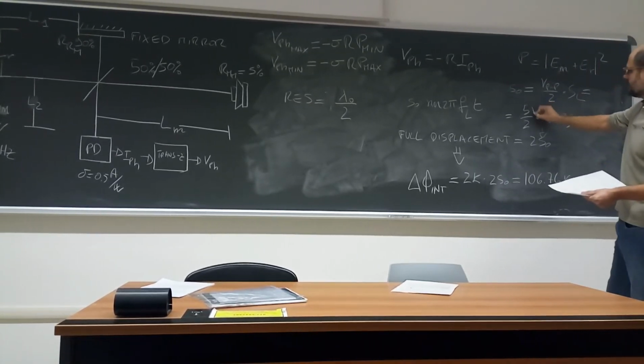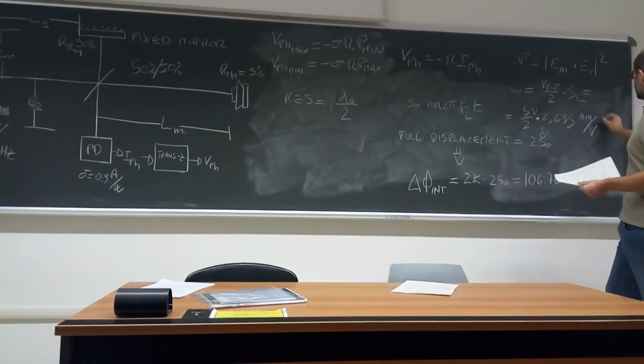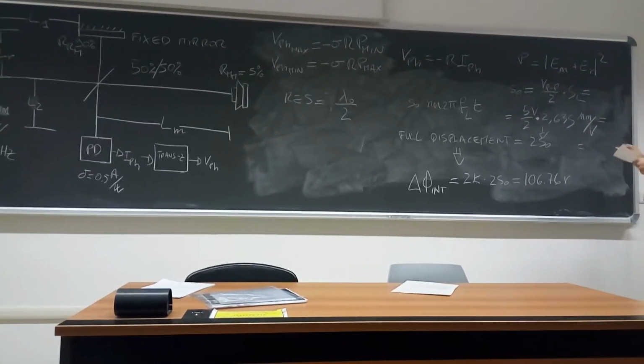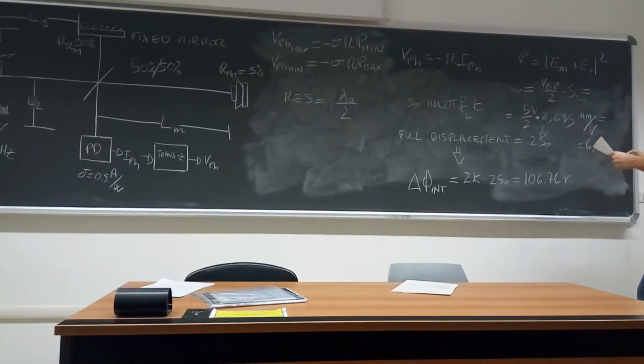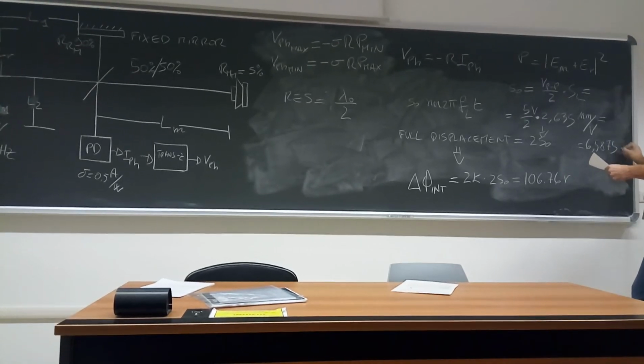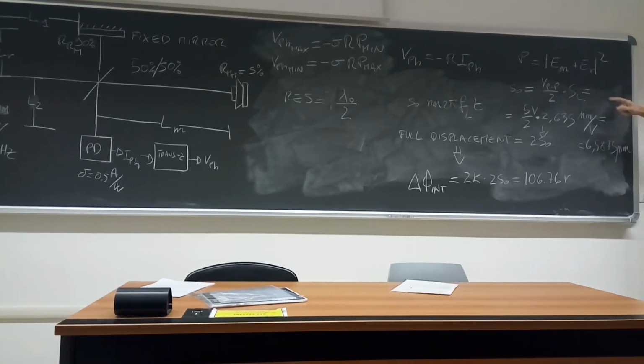Okay, these are volts and these are micrometers over volt. So what you get is 6.5875 micrometer. Okay? Don't forget these two. This is the point.